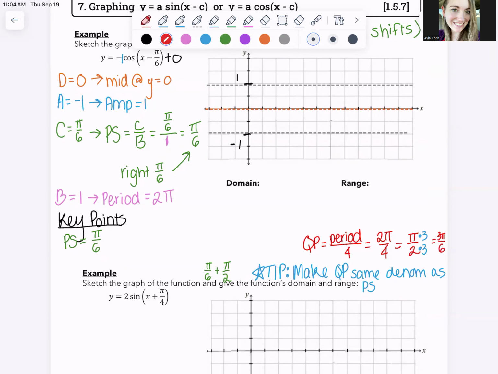I know it's teeny tiny over there. So because I'm going to be doing the math, pi over 6 plus pi over 2, I have to have the same denominator, and then I can just do the math in my head. So pi over 6 plus 3 pi over 6 is 4 pi over 6.